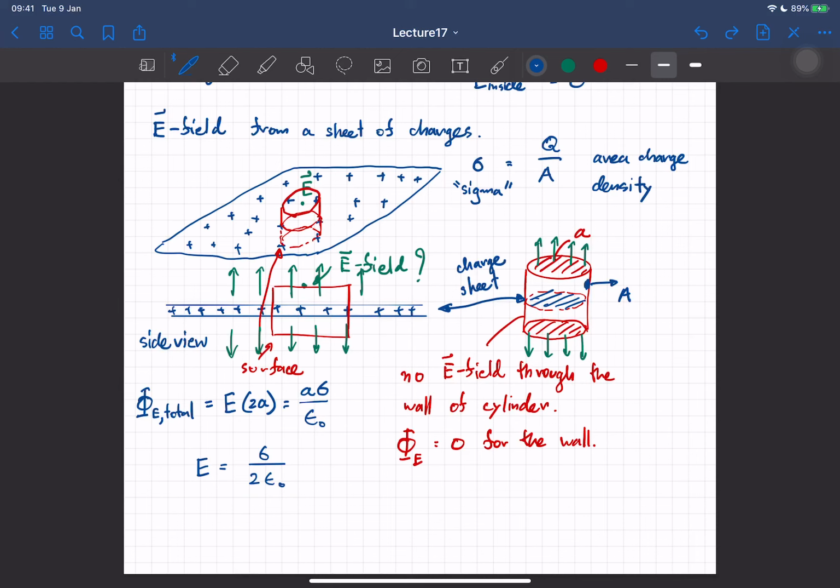Sigma divided by 2 times epsilon 0. And again, this whole exercise is just to demonstrate that in some cases, Gauss's law is very convenient in determining the strength of the electric field. Otherwise, you need to do a lot of integration, which is a lot of math, and that's not ideal, right? If we can avoid that, that would be great.